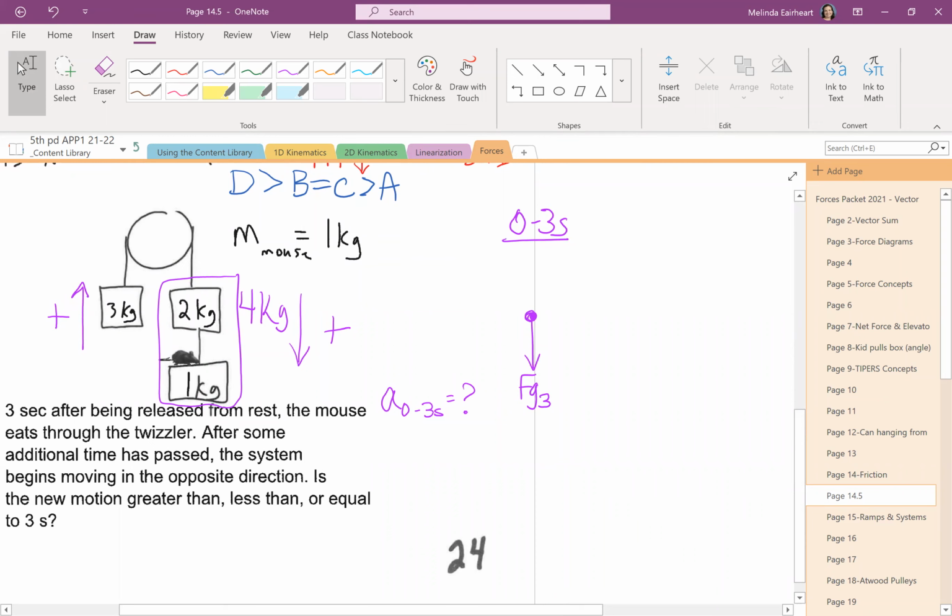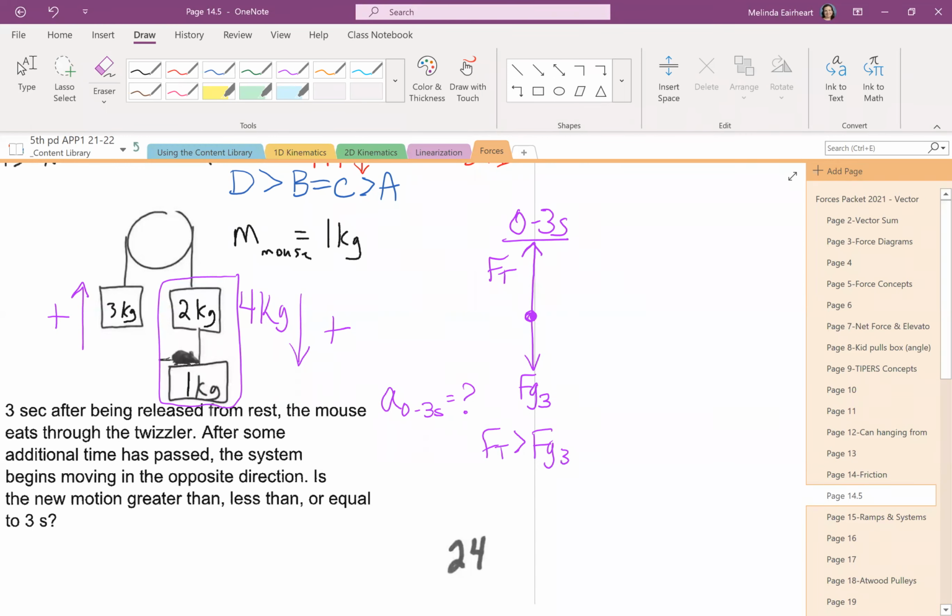How big do I draw it? Is it equal to the weight, smaller than the weight, or bigger than the weight? If we're accelerating upwards, it should be bigger. And so I want to make sure FT is bigger than FG3. That way you have an unbalanced force in the upward direction.